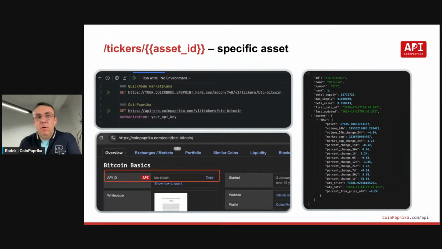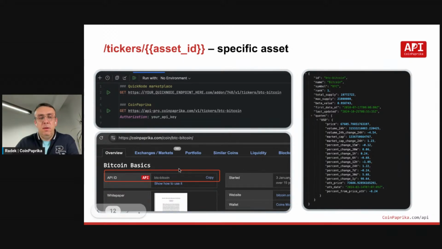But let's be honest, not everyone needs all the information at once. Maybe you are interested only in your favorite asset. So that's why we have another endpoint where you provide the asset ID, and you will get only the information about that asset. Where can you get the asset ID?